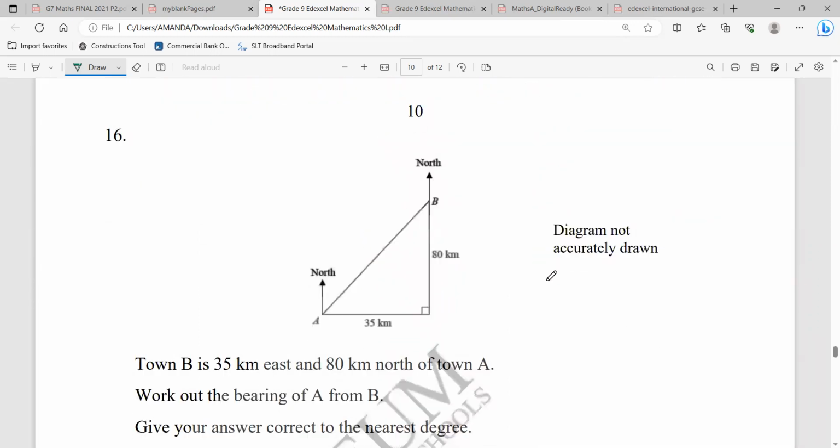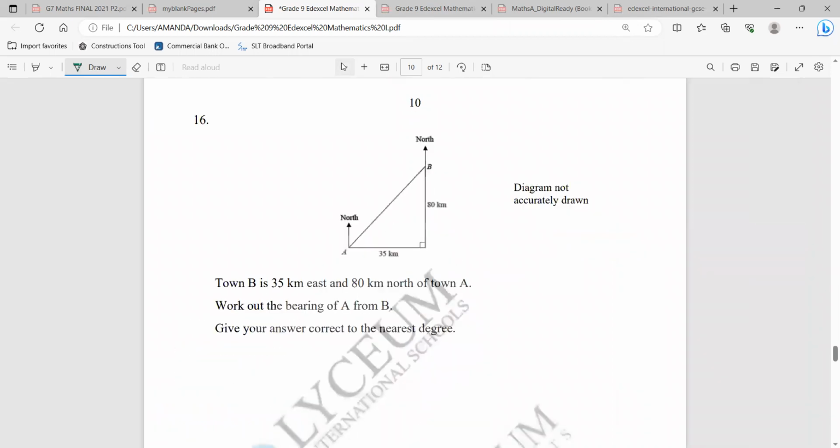Now let's do 16. What does it say? Town B is 35 kilometers east, 35 north of town A. So they're telling the bearing, right?